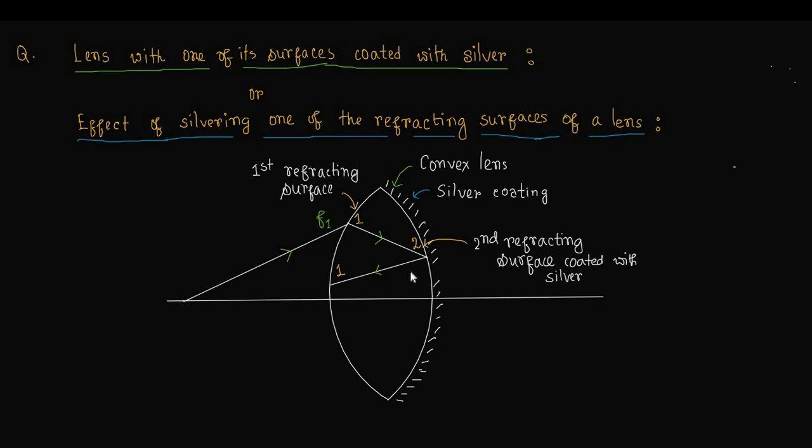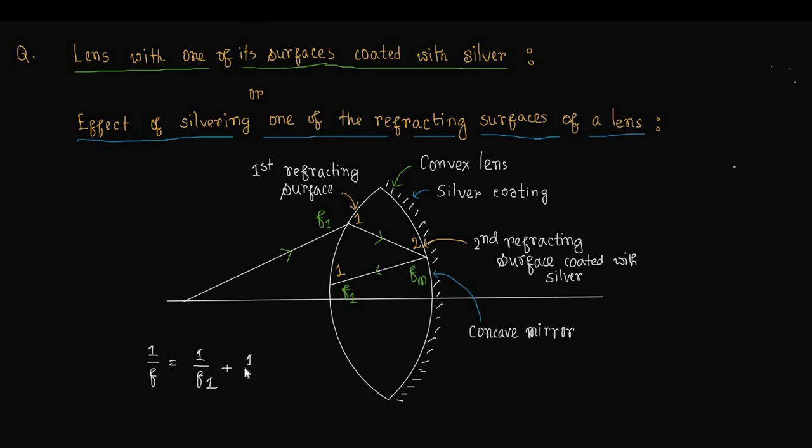First refracting surface will have the focal length f1. Fm is the focal length of the concave mirror. We know that the second refracting surface or convex surface is coated with silver, which behaves as concave mirror, which has focal length fm, and the reflected ray will be incident on the first refracting surface, and that will have the focal length f1.